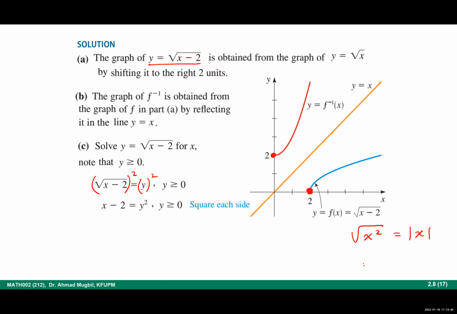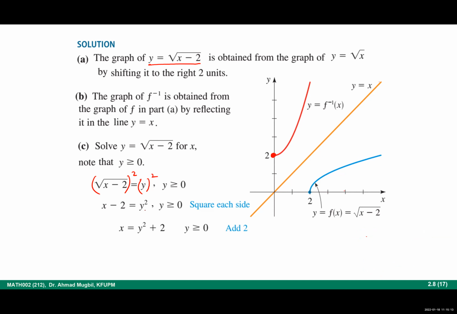But the square root of x, all squared, equals x. Why? Because this quantity will not exist if x is negative. So x here is positive because the square root is defined. But here it could be positive, it could be negative. So here no absolute value, no positive or negative.